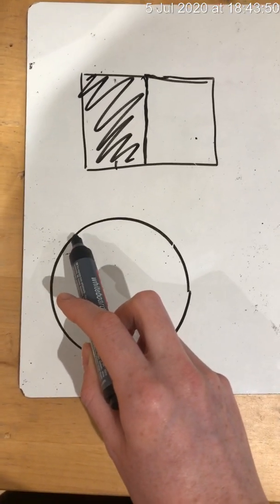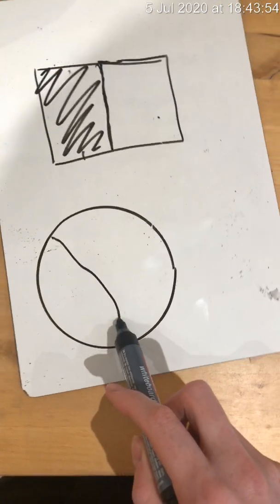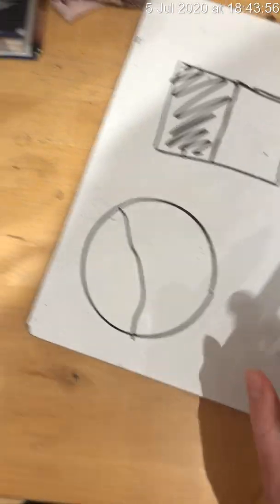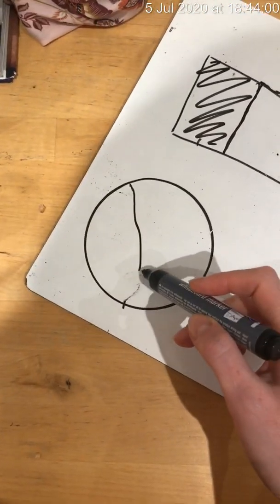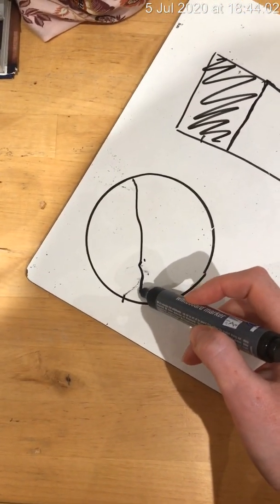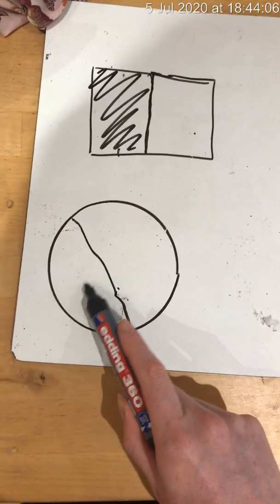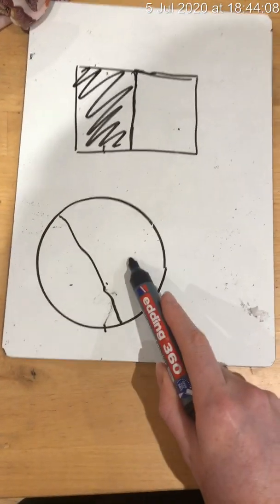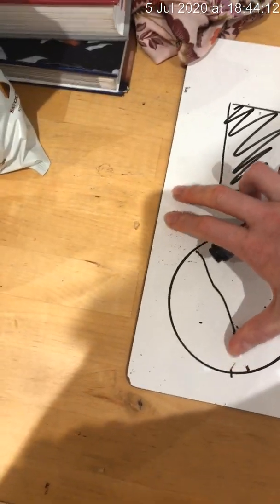So remember, it's a bit harder to see with a circle sometimes. What about if I do that line there? Well, that's not even a very straight line. Whoops. It's quite hard for me to film this and have it with my spinning whiteboard at the same time. Right, there we go. Is that half? Have I got an equal amount on each side? I hope you're saying no, because you would be correct. That is not half.